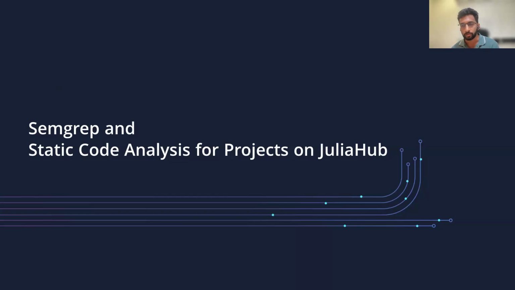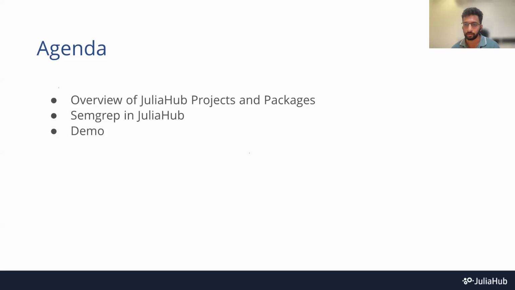So today we will be going through how we perform static code analysis for projects on JuliaHub. I am assuming that our viewers will be familiar with what the Julia programming language is, but a few of you might not be familiar with the JuliaHub platform.